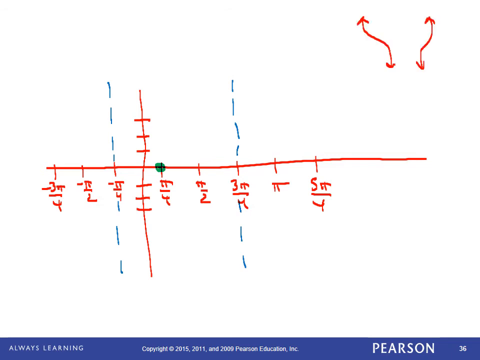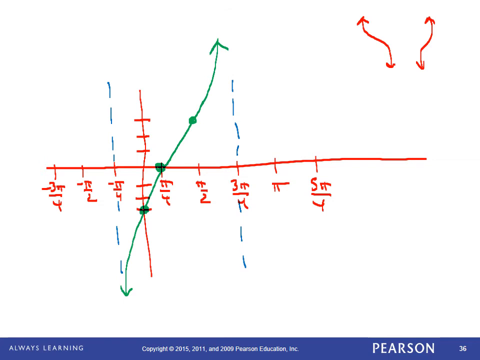The only problem is, since we have a reflection about the x-axis, we're going to graph this guy flipped. So in between these two here, we're going to go down 3. In between these two here at pi over 2, we're going to go up 3. And once you get those, you're ready for graphing.